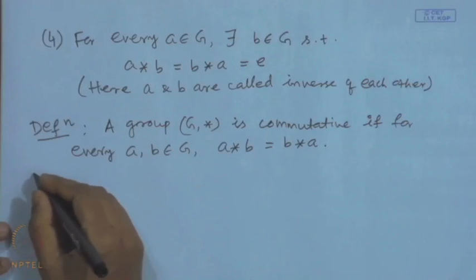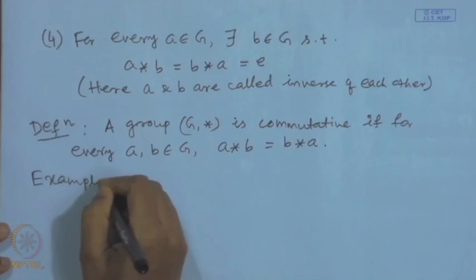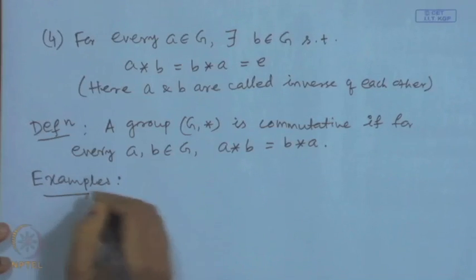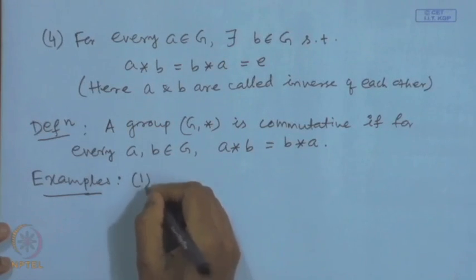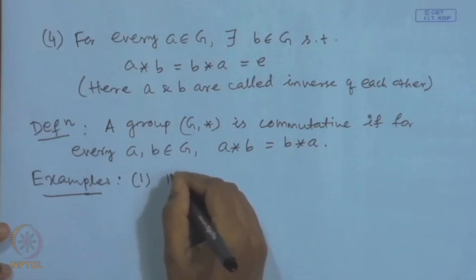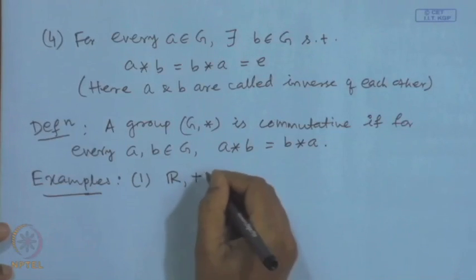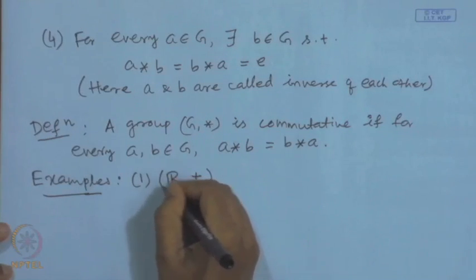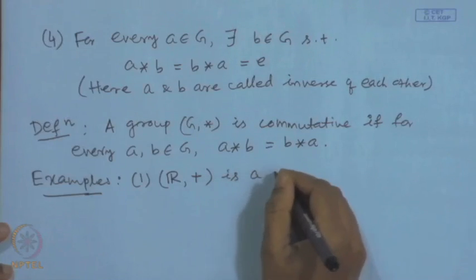Next, let us see some examples of groups. First one is very natural one, that set of all real numbers with usual addition operation is a commutative group.